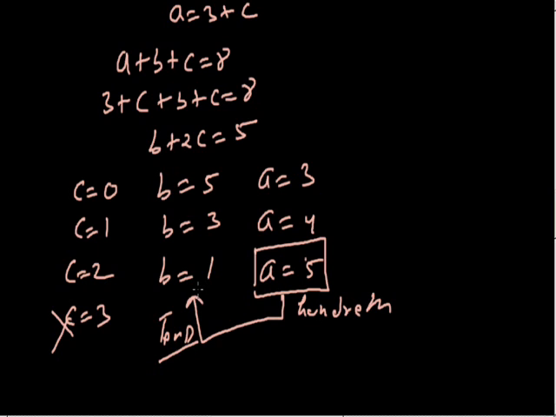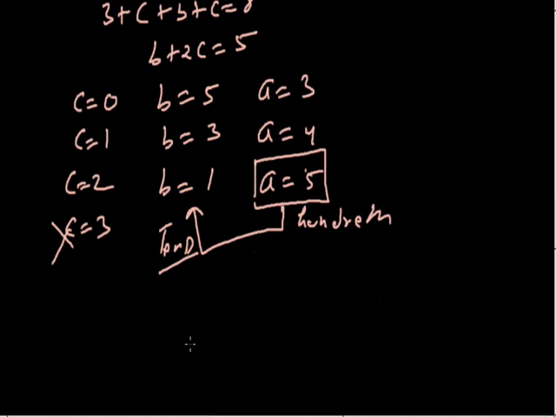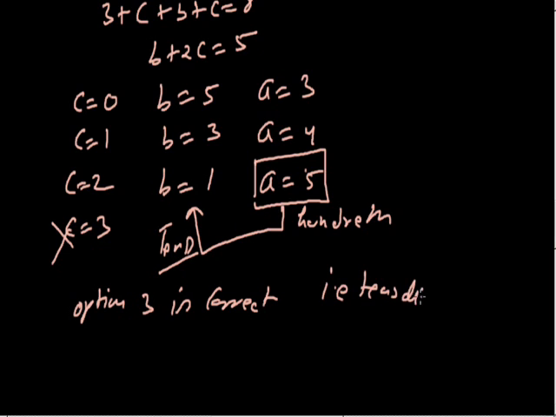So according to the options, option 3 is correct. That is, the tens digit should be 1.